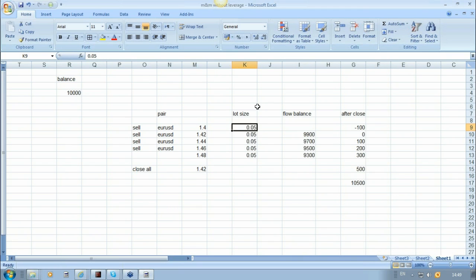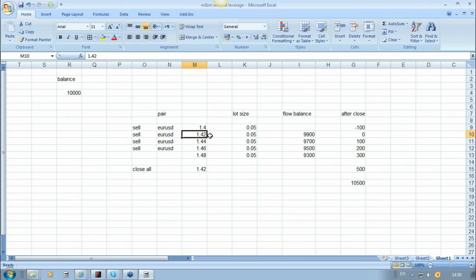Now, for example, I see critical divergence on weekly and daily chart. Okay, I start to sell, of course, based on the rules. Then I go for 0.05 and it goes against me 200 pips. I don't set stop loss here.